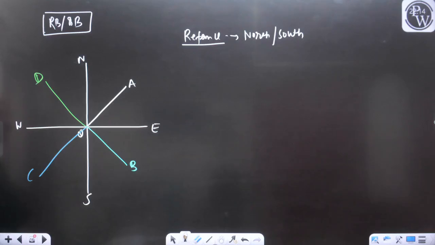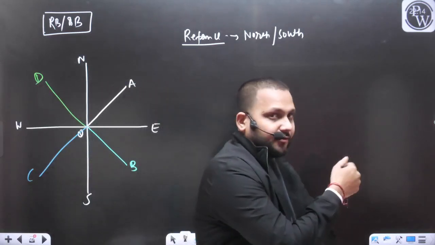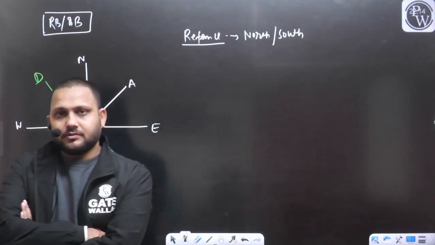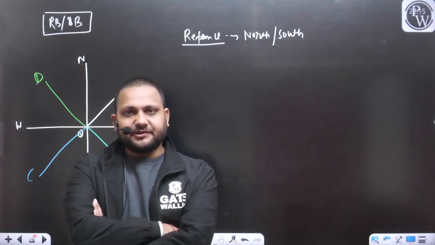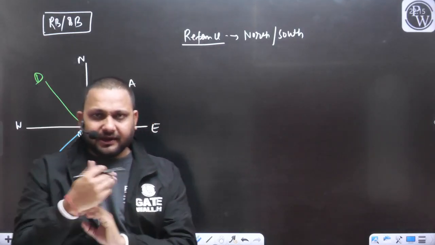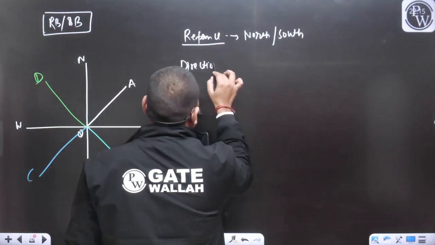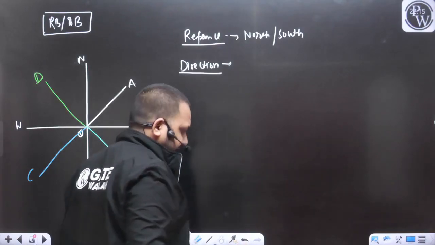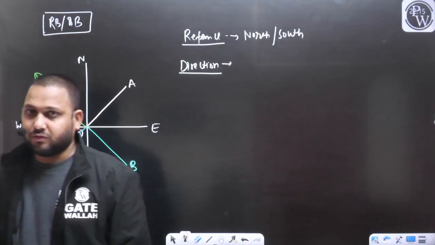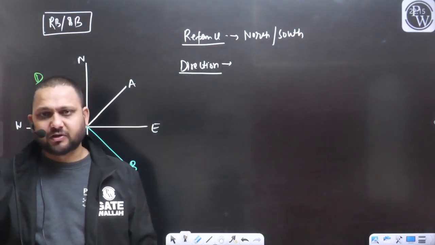So we can measure the angle from the north or we can measure the angle from the south. From both positions we can measure the angle. Now the next point is in which direction we need to measure the angle. When we will measure the angle from the north, when we should measure the angle from the south, who will tell you?